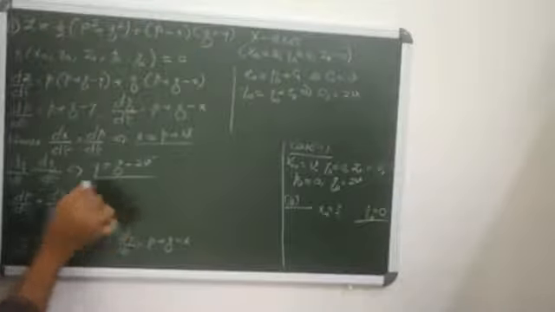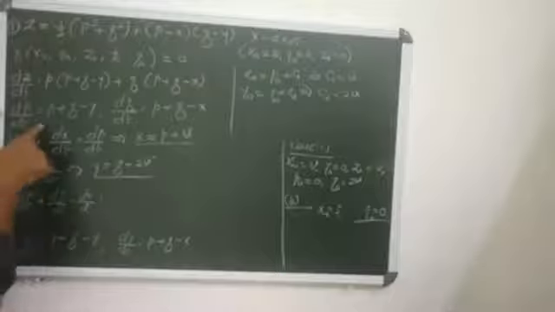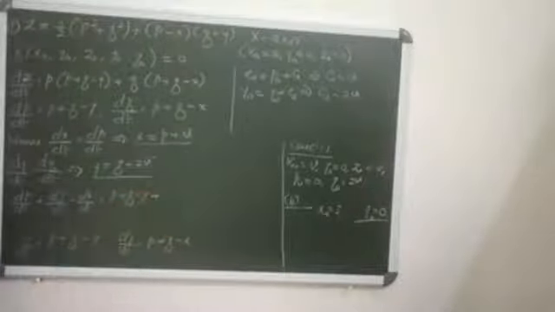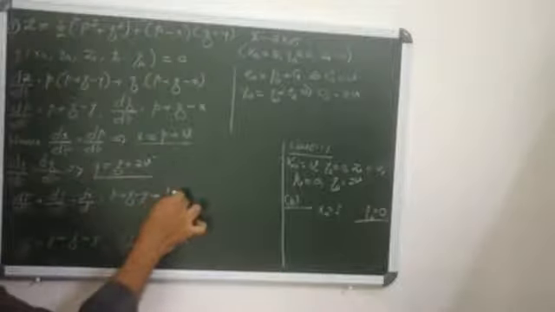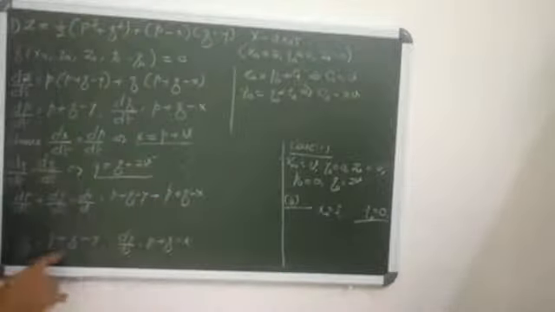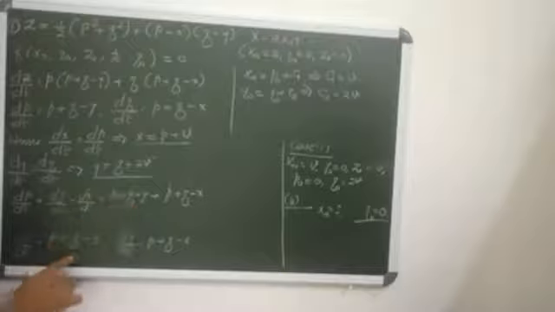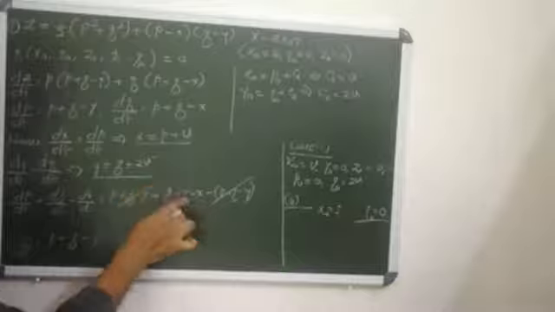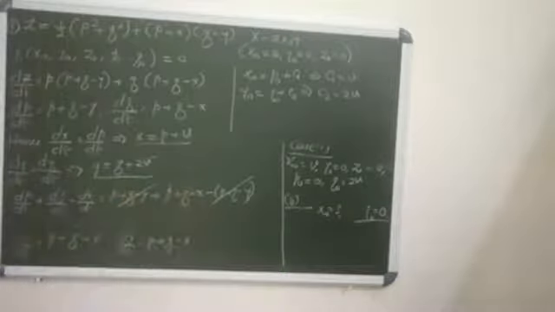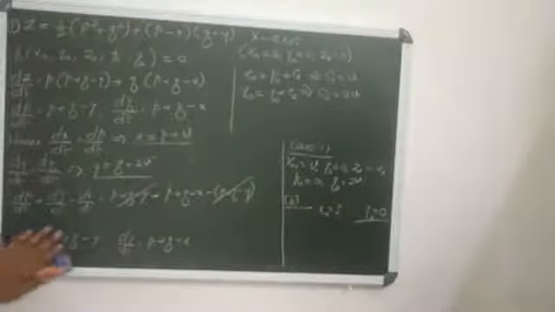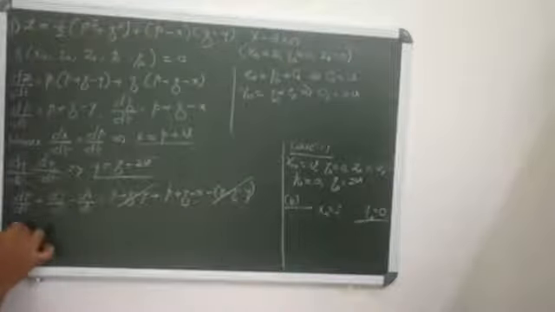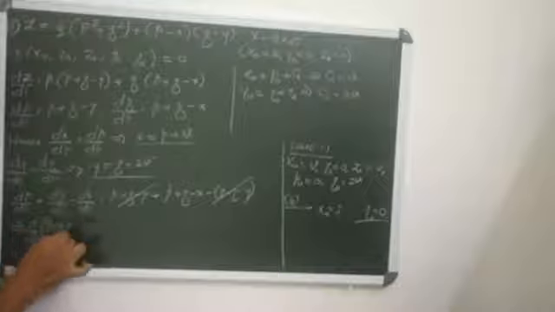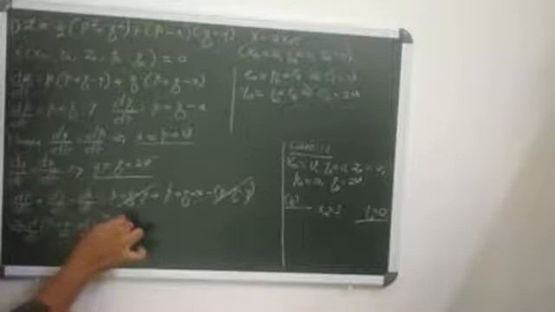What is dp by dt? It is p plus q minus y. So p plus q minus y, plus dq by dt, which is p plus q minus x, minus dx by dt. That is again minus of p plus q minus y, cancelling each other. What do you get? p plus q minus x.